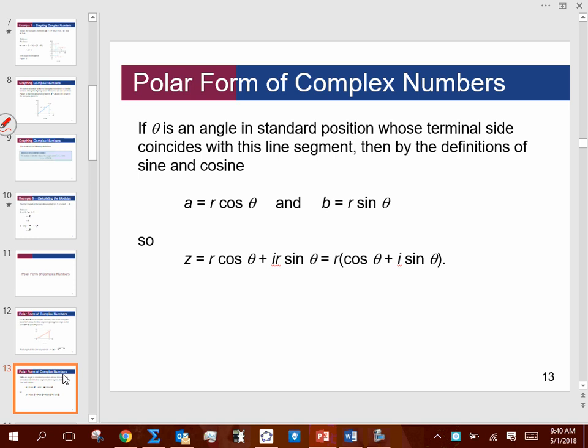Okay. If we start with a complex number that is in the form of a plus bi, okay? So we're going to start with something that looks like this, a plus bi. That's rectangular.